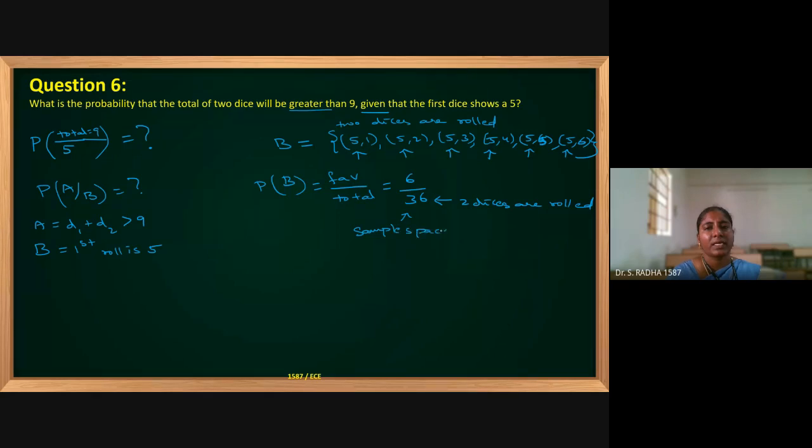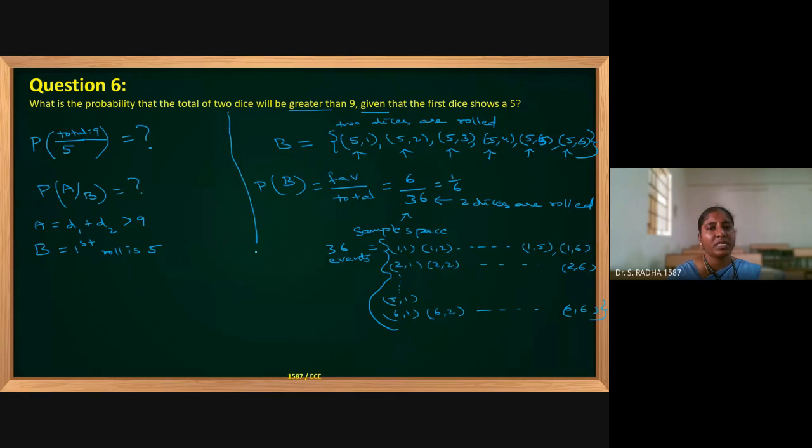The sample space is 1,1; 1,2; like that up to 1,5; 1,6; then 2,1; 2,2; up to 2,6; and 3,1; 4,1; 5,1; 6,1; similarly 6,2 and so on up to 6,6. This total becomes 36 events, hence we are taking the denominator 36. Now the value is 1 by 6. Probability of B is 1 by 6.